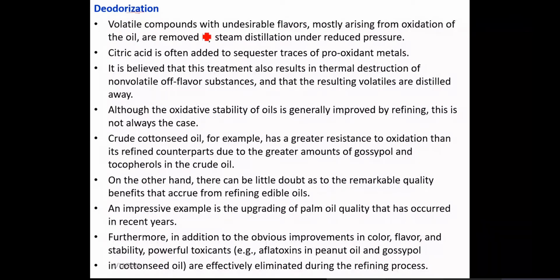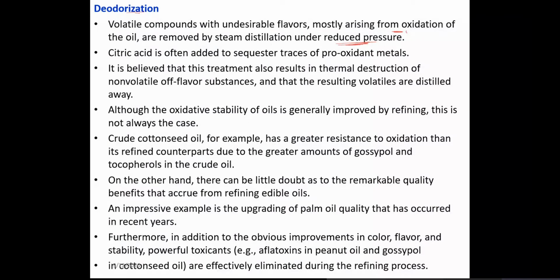Volatile compounds with undesirable flavors mostly arise either from oxidation or from the natural odor of the seeds, and these can be removed by simple steam distillation under reduced pressure. Here the pressure is reduced so that you can operate at a lower temperature, because otherwise, at a higher temperature, your oil may get spoiled.